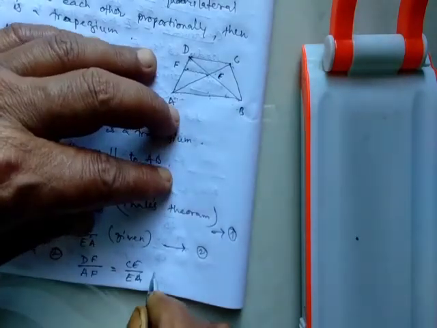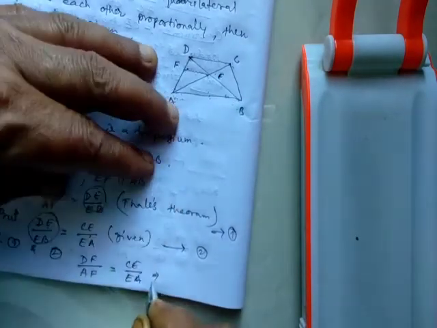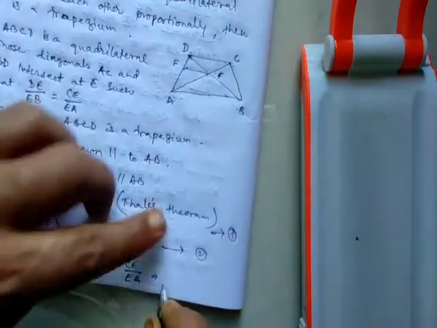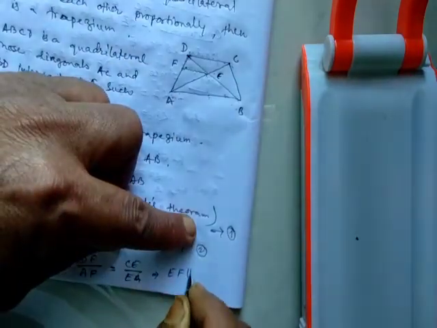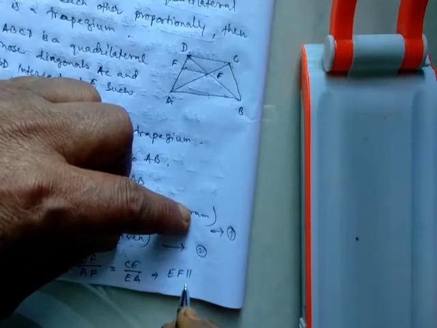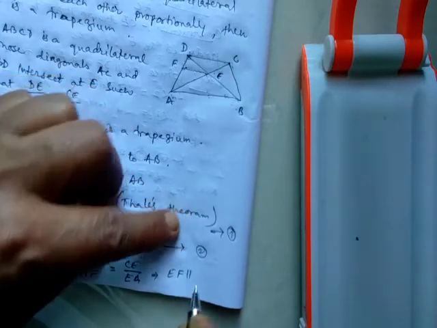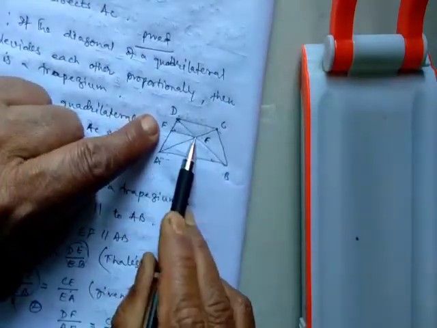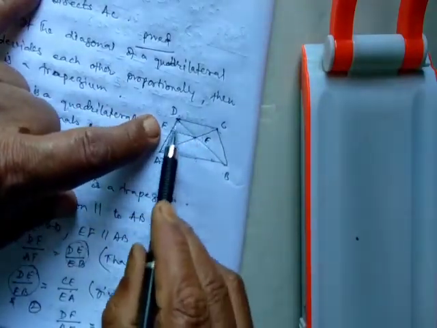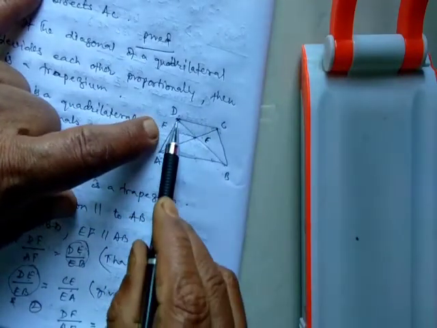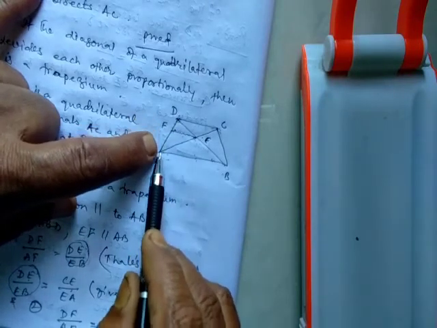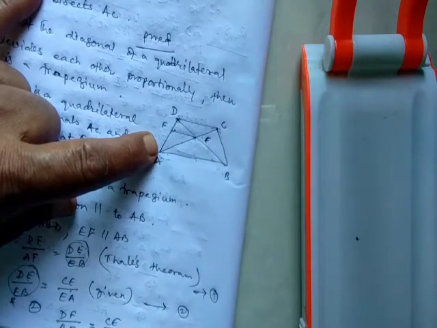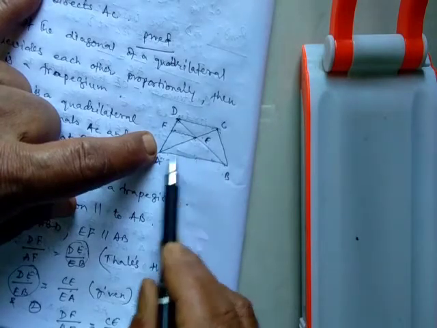EF parallel to DC. In this triangle, you see DF by AF is equal to CE by EA.